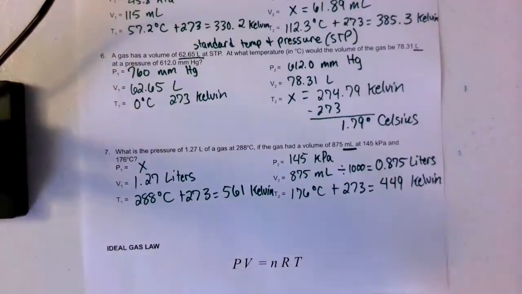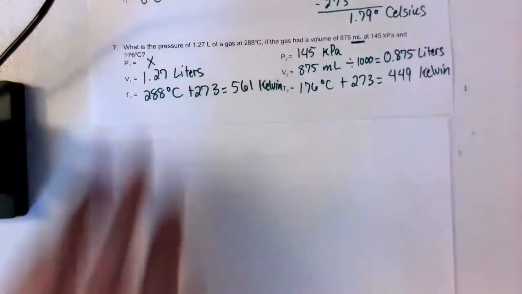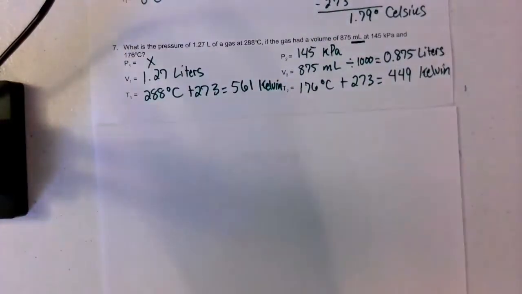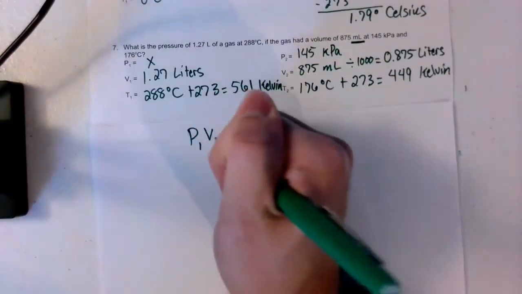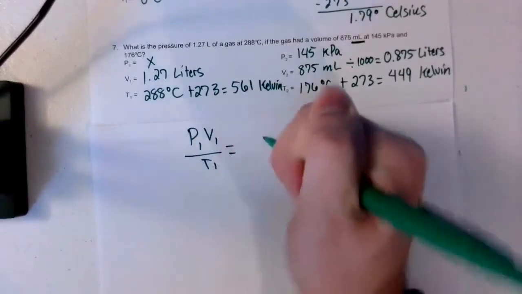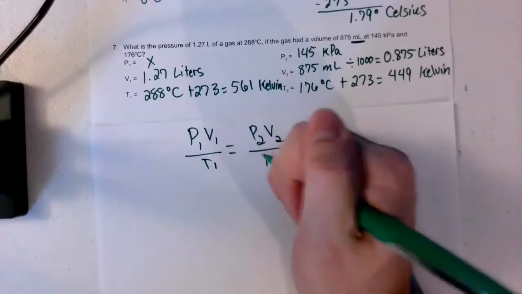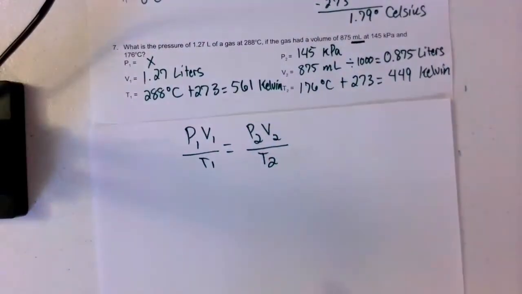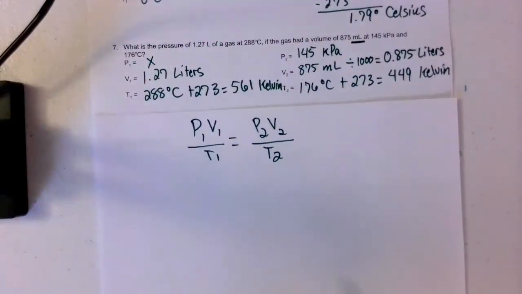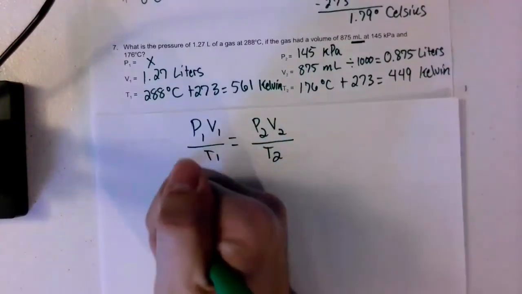Now I'm going to move on to another sheet of paper because there's no room to write here. And this is the formula that we're going to need for this one. This is the combined gas law. So we've got P1V1 over T1 equals P2V2 over T2. The P1 is the X. It's what we don't know.